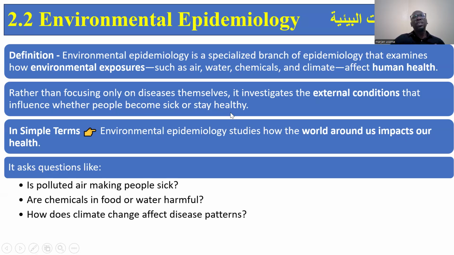So environmental epidemiology does not just focus on the disease in itself, but it focuses on العوامل الخارجية, okay, that can influence whether the person becomes sick or healthy. For example, if you are living in a hygienic place, you are not going to be sick. But if you are living in a place where there is a lot of أوساخ or البيئة ملوثة, what is going to happen? You are going to get disease, right?